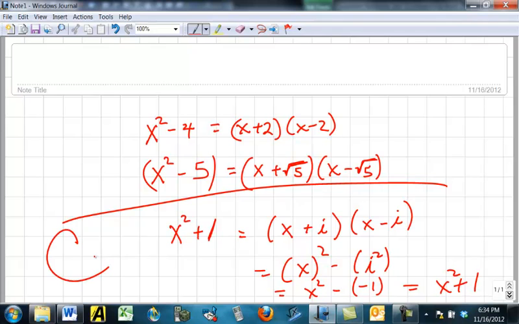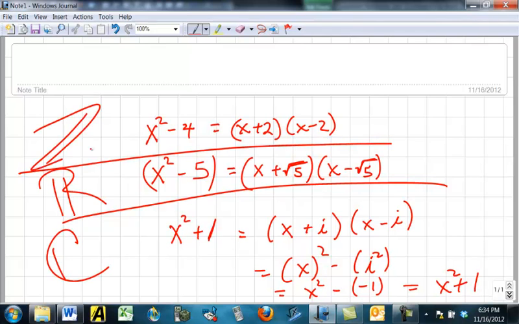So this one factors over the complex numbers, this one factors over the reals, this one up here factors over the integers. This one, x squared minus 5, is prime if we only allow integers for coefficients, but it's not prime if we allow real coefficients. x squared plus 1 is prime if we allow integer coefficients only.